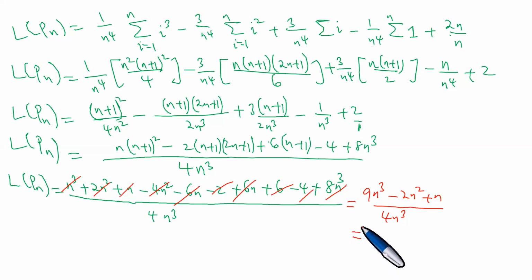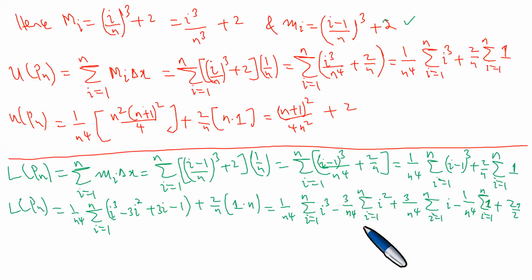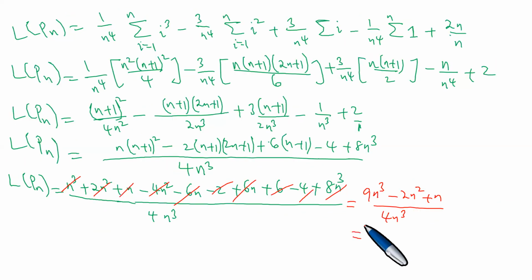All right. Let's see what we're getting here. So this n is a common factor, and we put it out of the numerator and denominator, giving us 9n squared minus 2n plus 1.